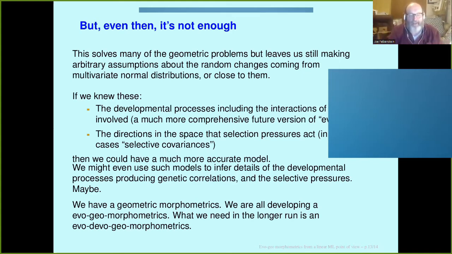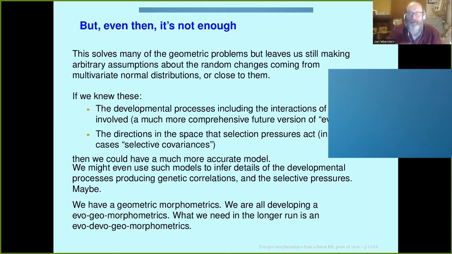Ideally, we could think about an Evo-Devo geomorphometrics that interacted with our knowledge of developmental biology and our knowledge of the natural selection on these forms, such that we could have statistical information provided to the people studying development, and we could make use of their experimental and empirical results.